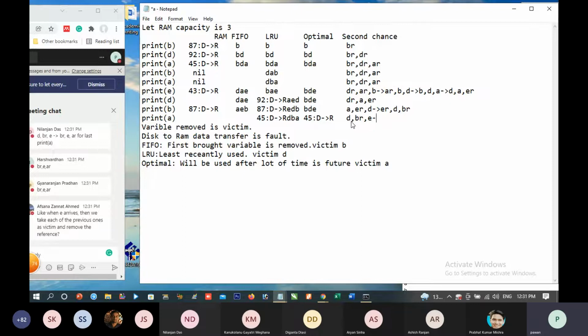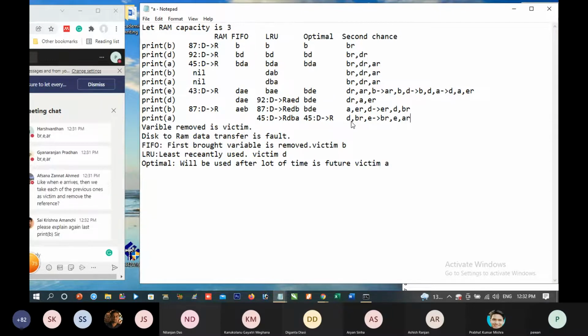Now, B will be removed. So it will be BR, comma E, and A referenced. Is it clear to you? That is correct. Fully correct.